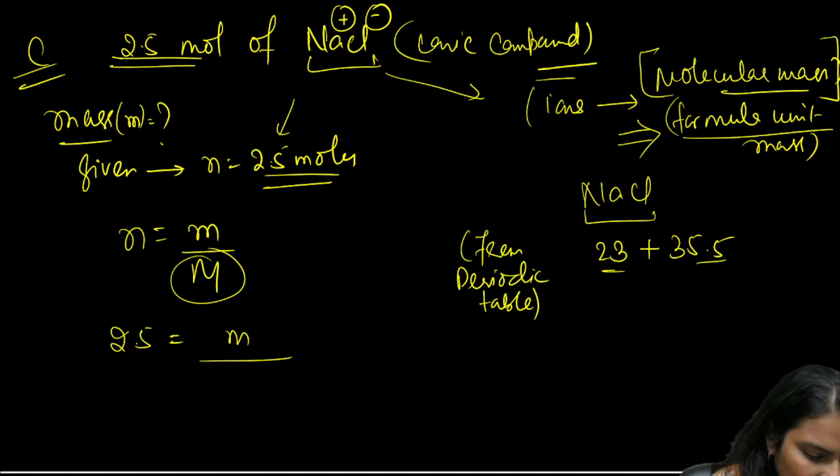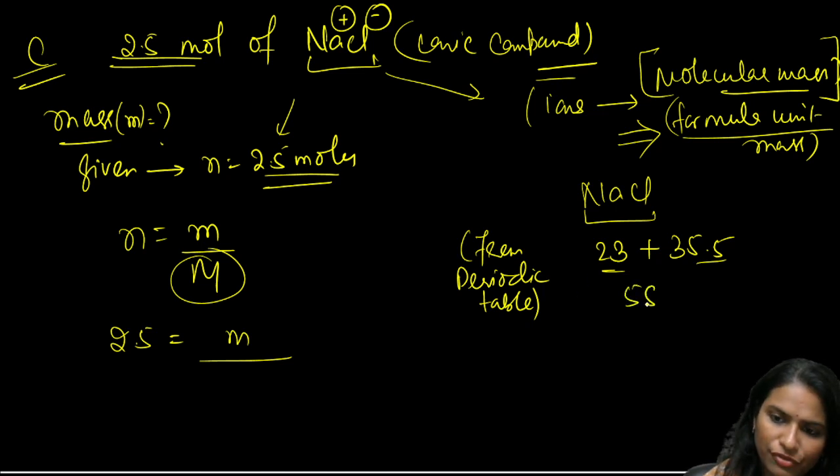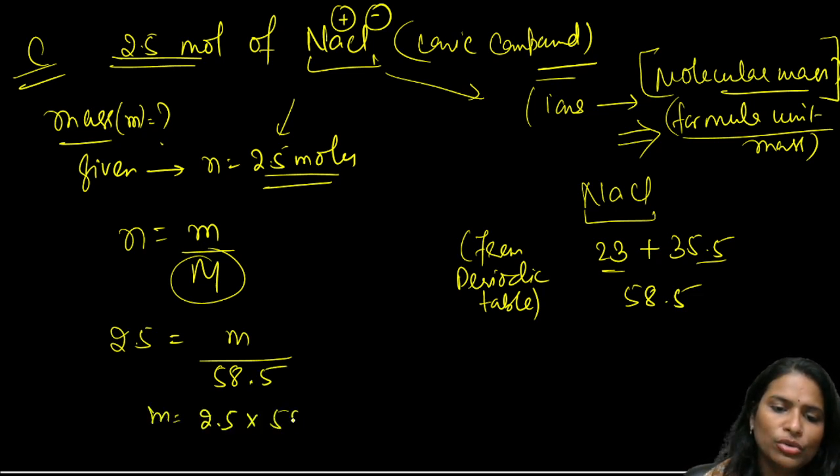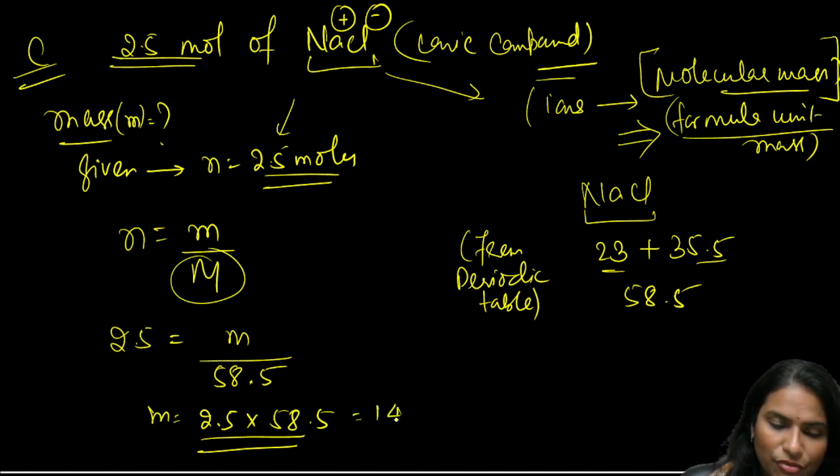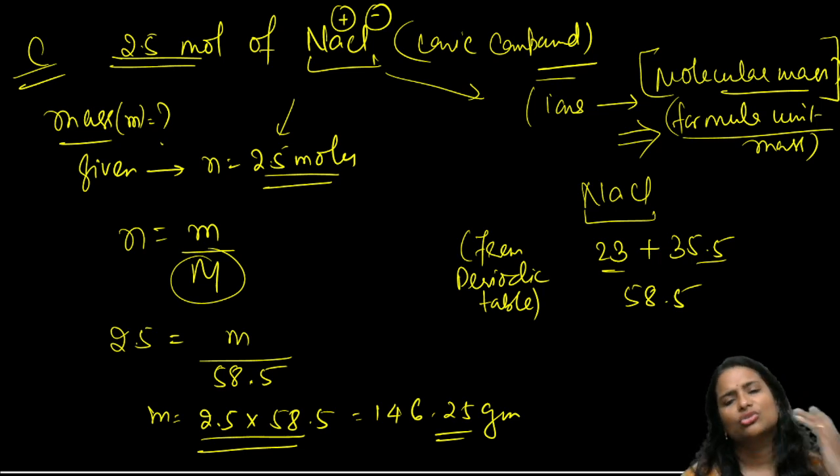So here it will be equal to 58.5. You simply put it here, 58.5. So small m is equal to 2.5 into 58.5, so the answer comes to be 146.25 grams. It is as simple as that, nothing complicated.